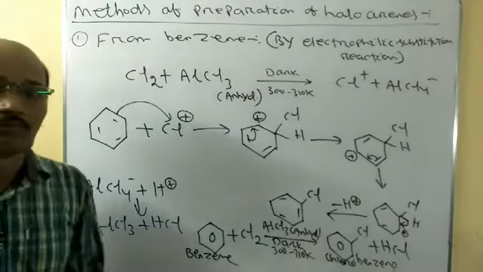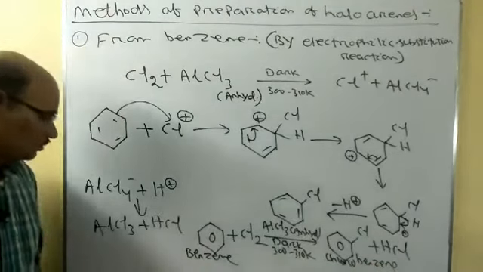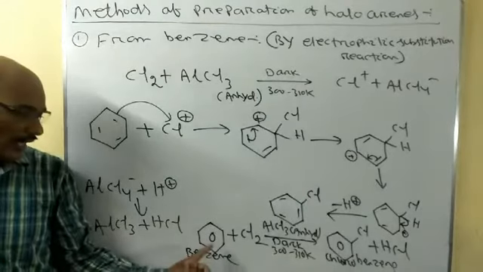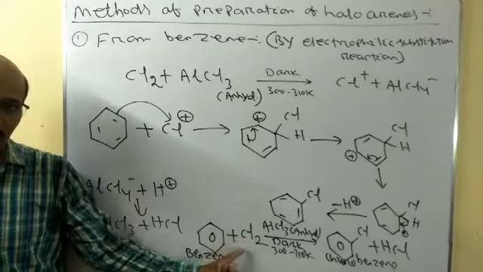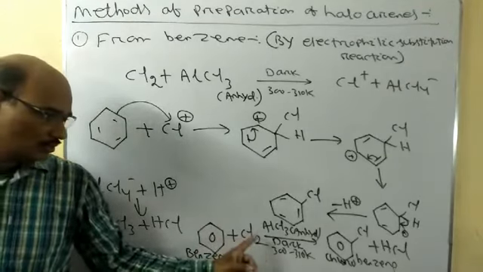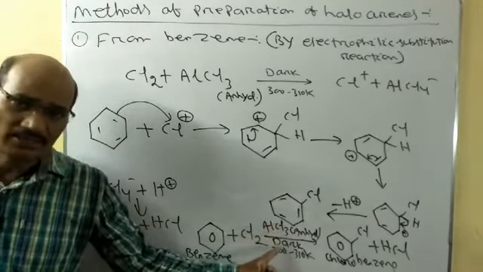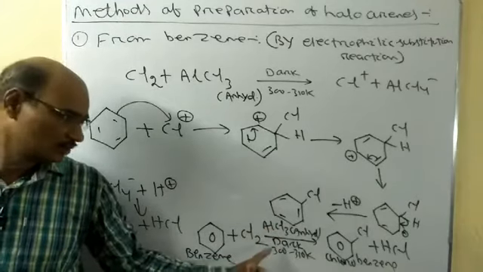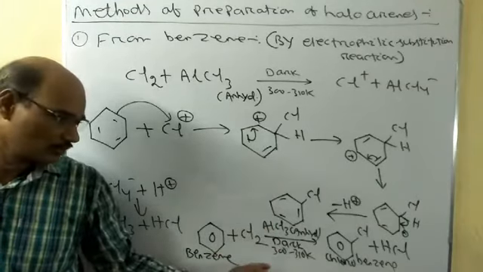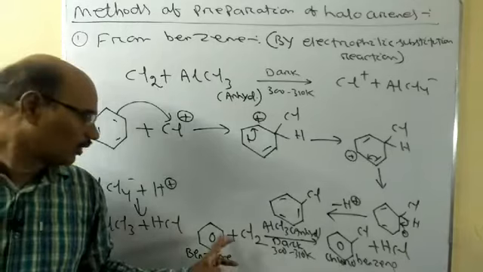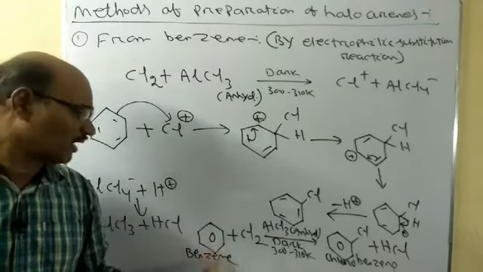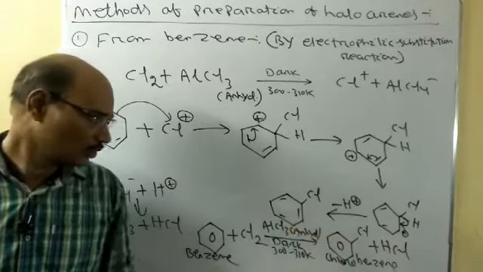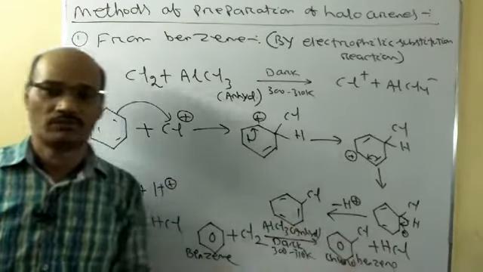So when benzene undergoes halogenation with chlorine in presence of anhydrous AlCl3, a halogen carrier, in dark condition, then one of the hydrogen atoms of the benzene ring is substituted by chlorine to give chlorobenzene.